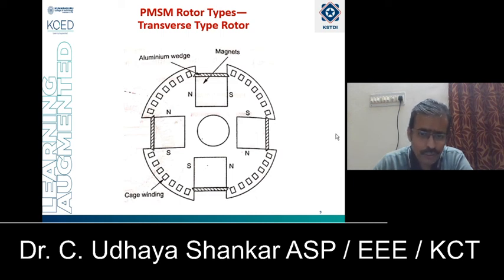This figure shows the transverse type rotor configuration. As the permeability of permanent magnet is very low magnetically, this configuration is also similar to a reluctance machine rotor, because of which there exists both reluctance torque as well as the torque resulting from the flux of the permanent magnet.